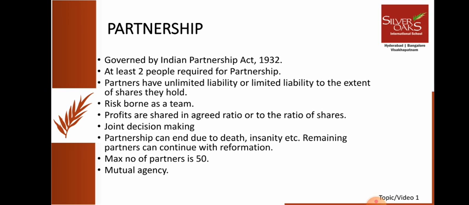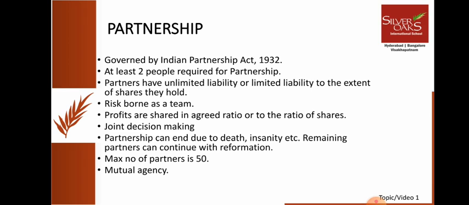Speaking of liability, when it comes to a partnership firm, the liability of all the members is unlimited. In case of debts, partners are either individually or collectively liable to pay back the debts.